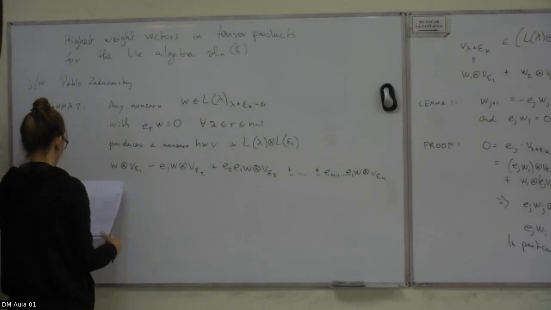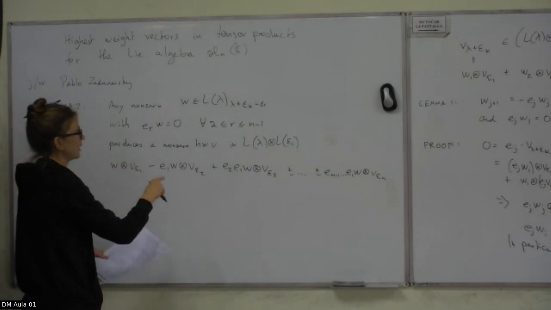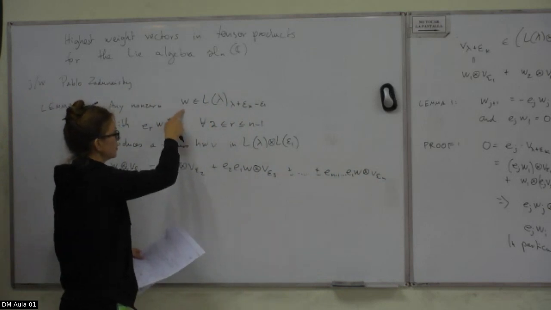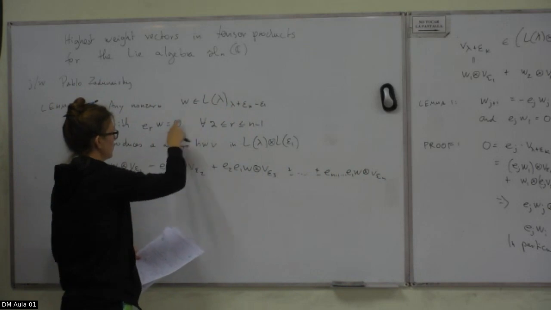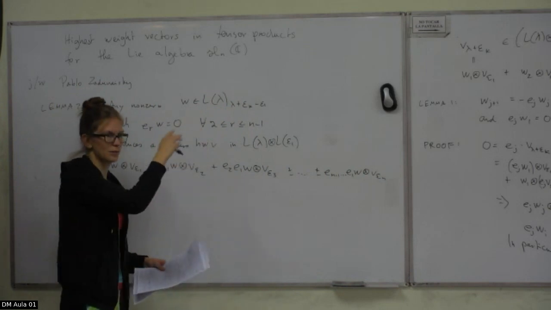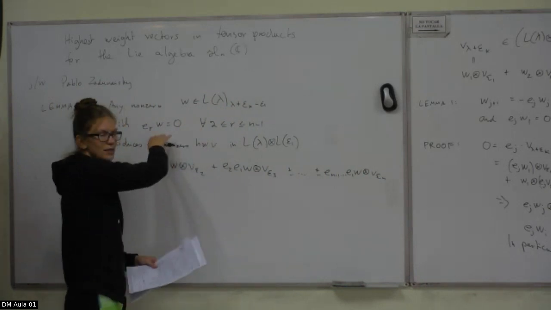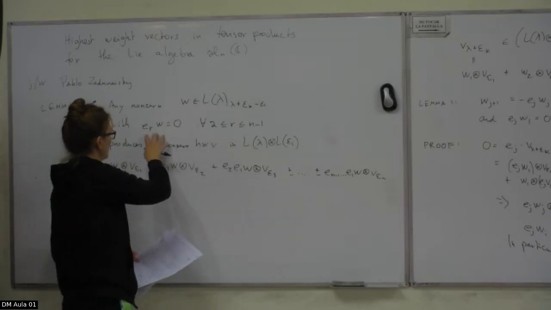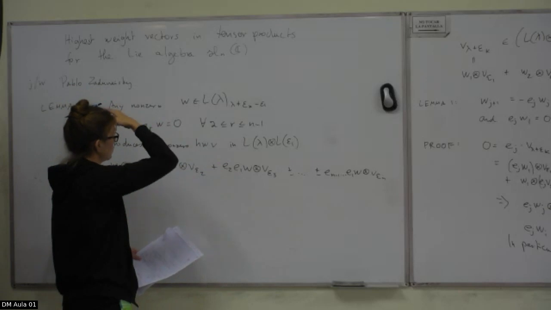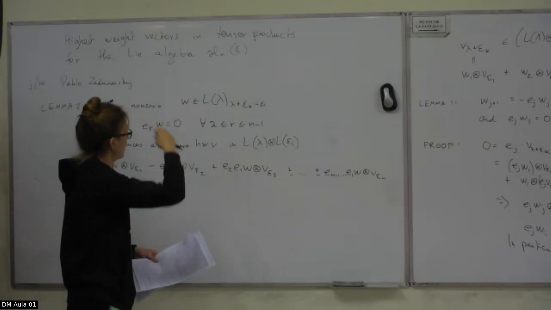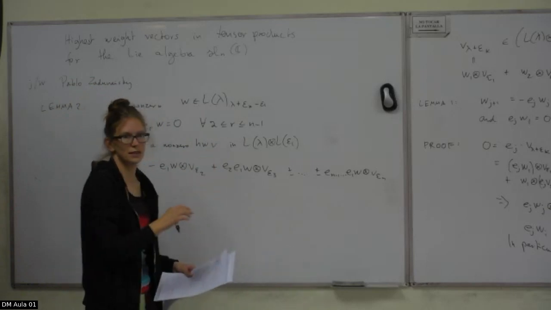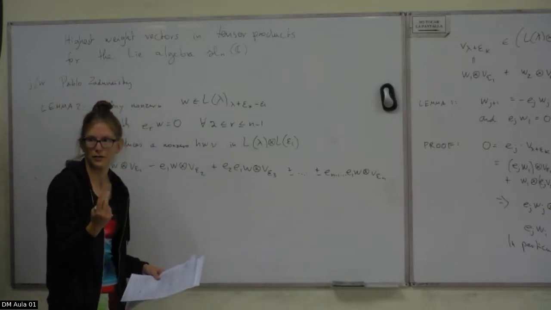In other words, there's a very close connection between such a w annihilated by this smaller e_2 up to e_{n-1} and a resulting highest weight vector in the tensor product. They always come together.